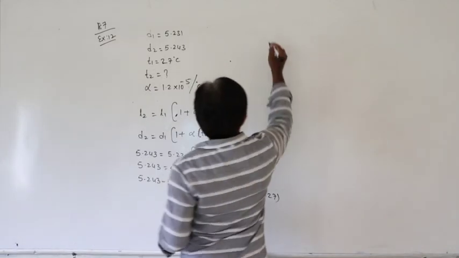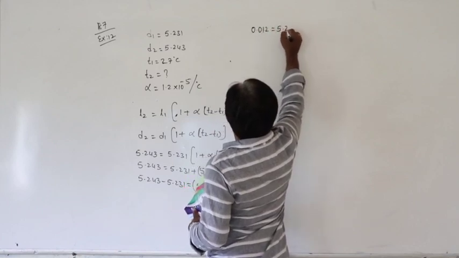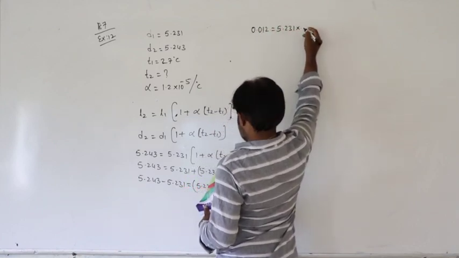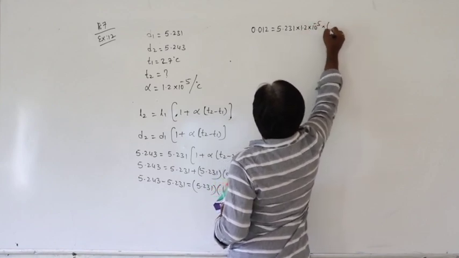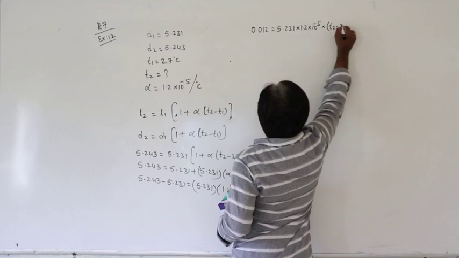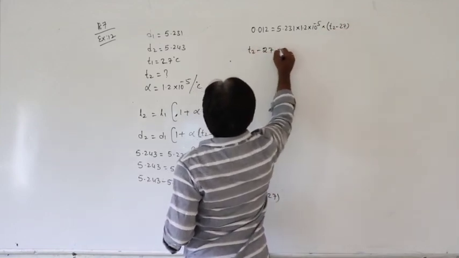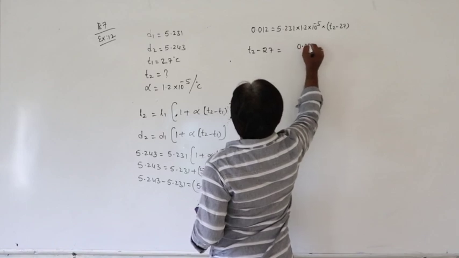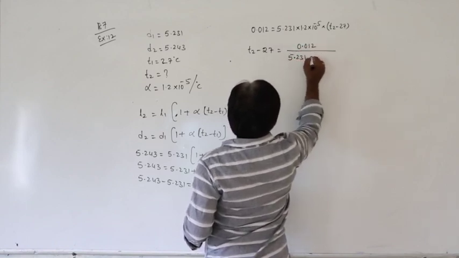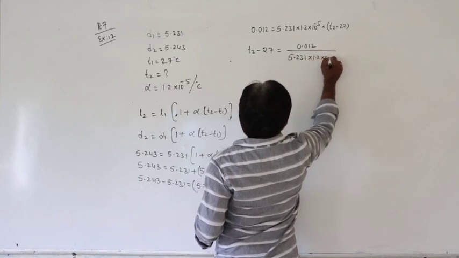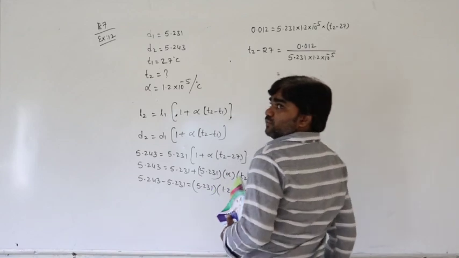So 0.012 is equal to 5.231 into 1.2 into 10 to the power of minus 5 into T2 minus 27. From this we can write T2 minus 27 is equal to 0.012 divided by 5.231 into 1.2 into 10 to the power of minus 5.